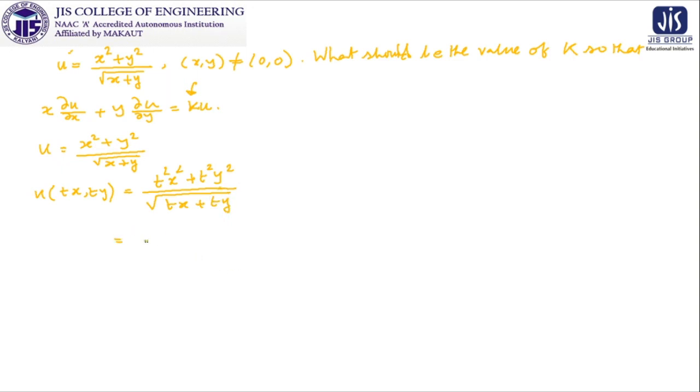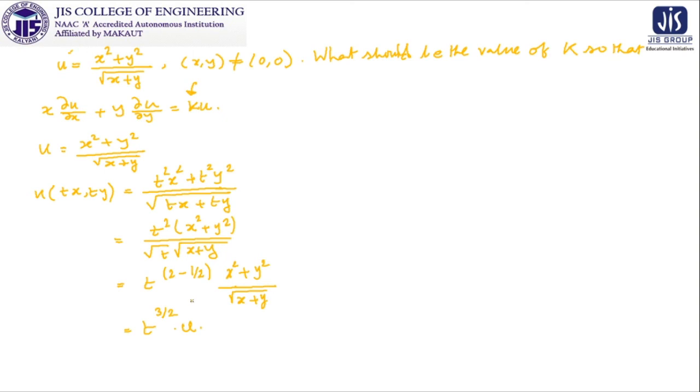In the next line, I can write it as root over t into root over x plus y, and here it is t square x square plus y square. So it is t to the power 2, it is t to the power half. This half will be in the above part, it will be t to the power 2 minus half, then x square plus y square by root over x plus y, and we can write it as t to the power 3 by 2 into x square plus y square by root over x plus y, which is nothing but u.